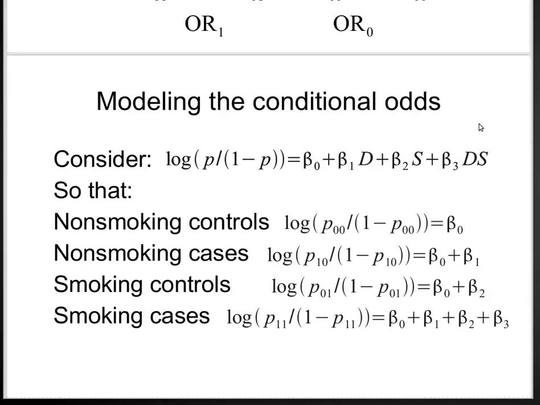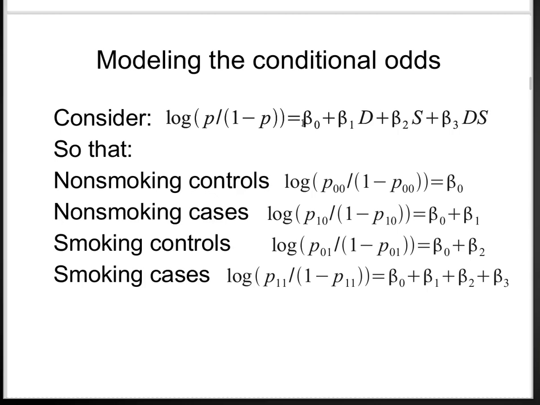Okay, now let's start with what looks like a pretty intimidating looking expression. This equation that has now 4 regression coefficients. Beta naught, beta 1, beta 2, and beta 3. Further, we've got beta 1 multiplied by d again, but now we're going to have beta 2 multiplied by the indicator for smoking status, and then lastly this complicated looking thing, which is the product of 3 things.